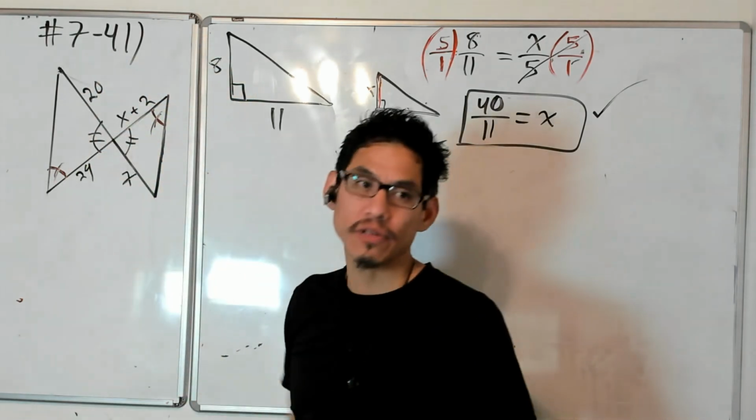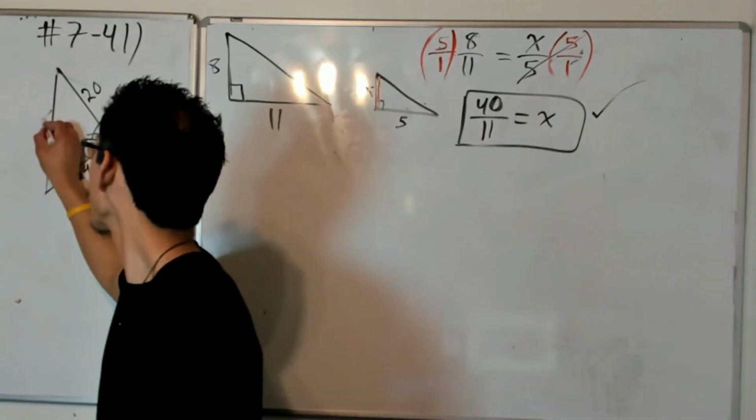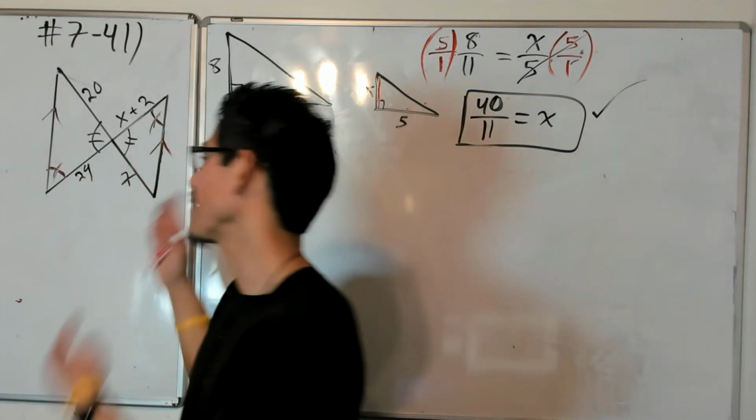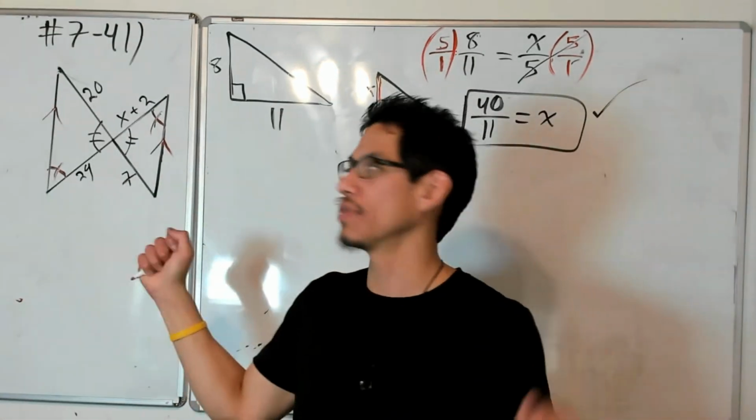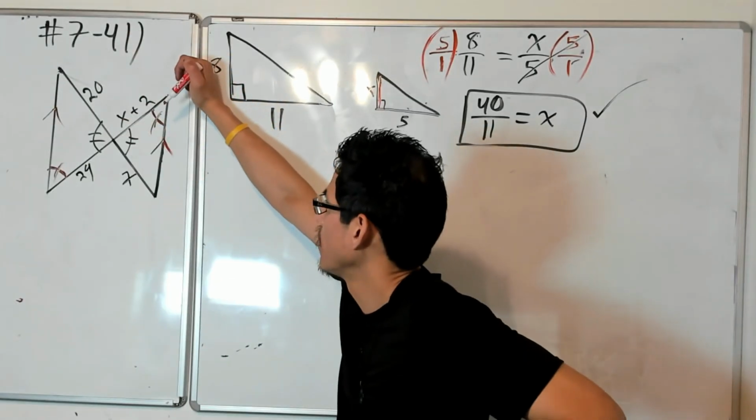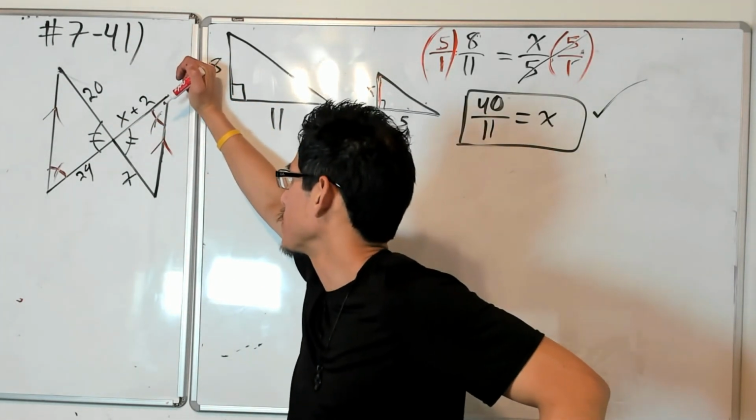That means you have parallel sides. That just allows us now to know for sure that these triangles are similar. So again, just find a corresponding ratio.